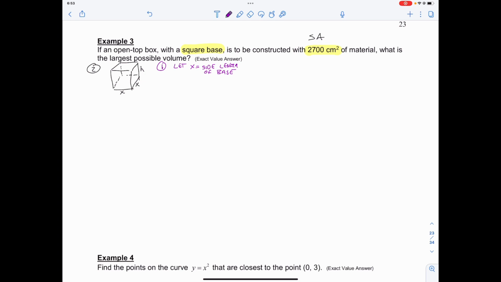We're going to let h be the height of the box, and v is going to be the volume of the box. And all these things have to be greater than 0.